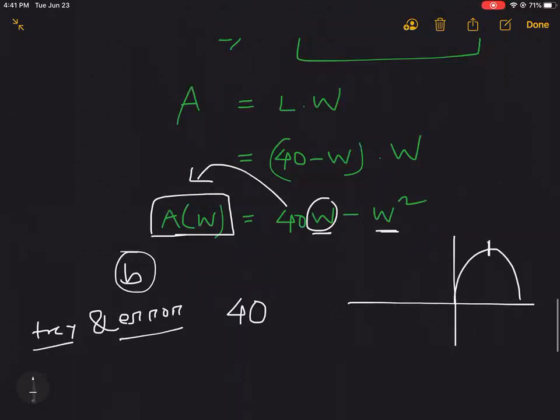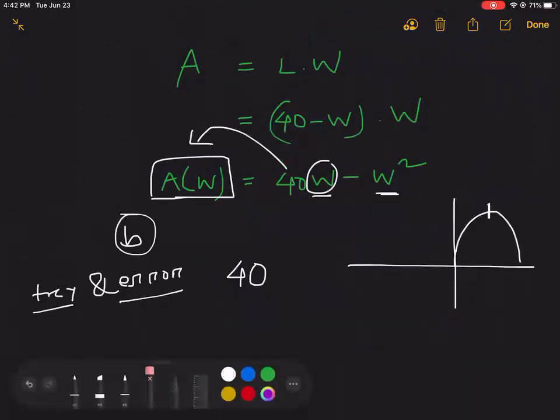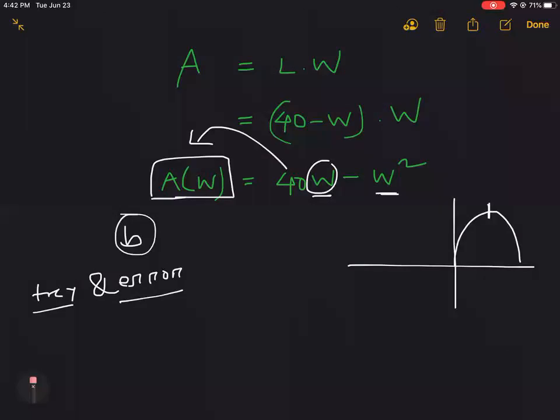What's the formula for the vertex? Anyone? Really quick. Negative b over 2a. Very good. What's the value of b and a here? 40W.